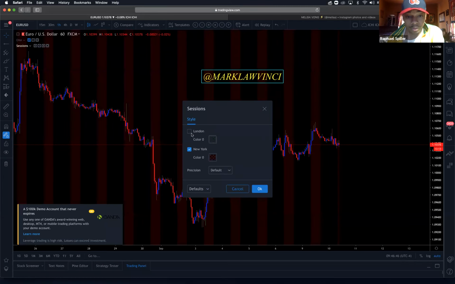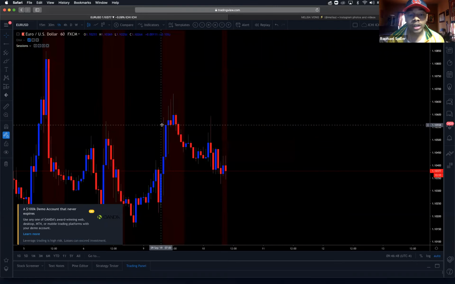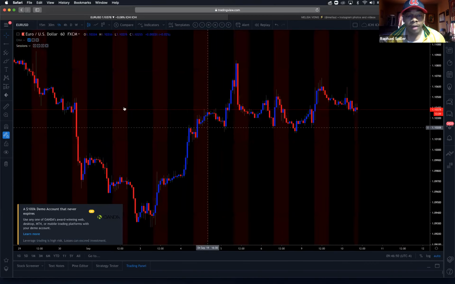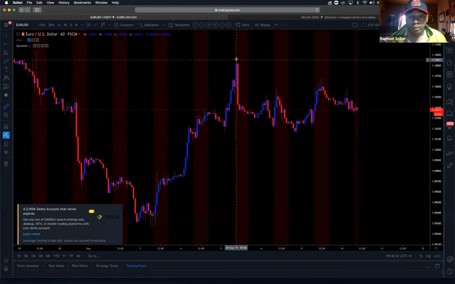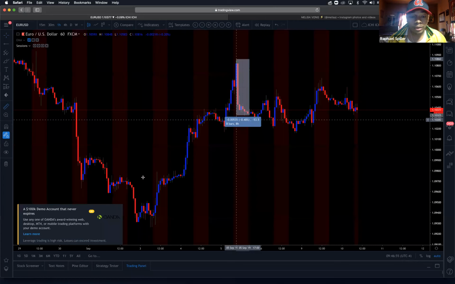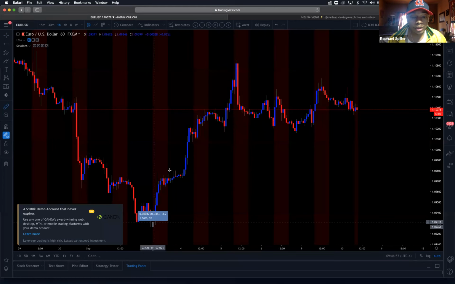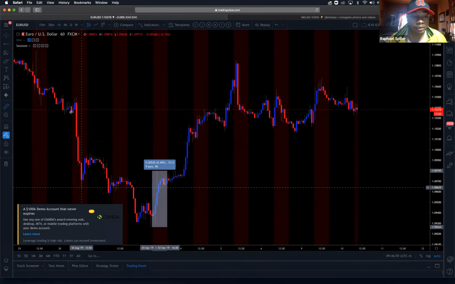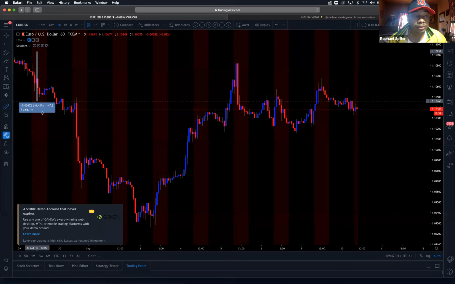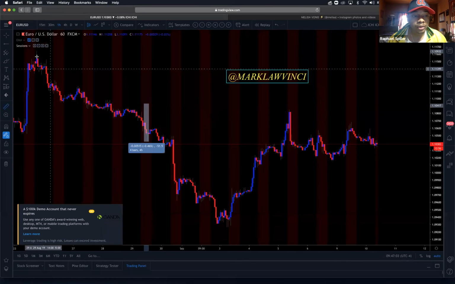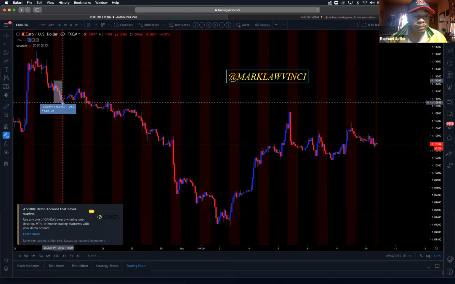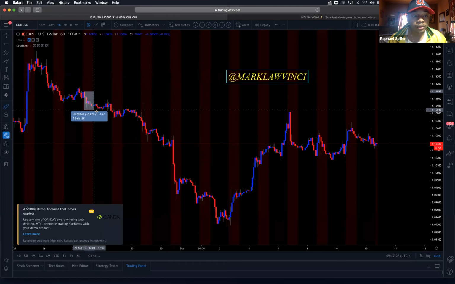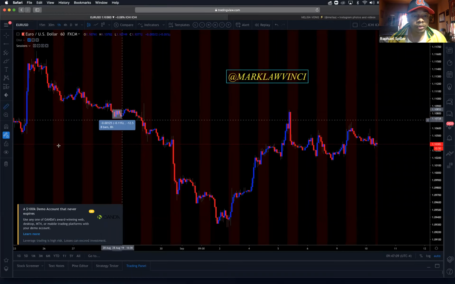You can count the pips. So in the New York session, like we are in right now, every New York session, this has gone 50-something pips, 50-something pips, 50-something pips, 30 pips, 30 pips, 12 pips.